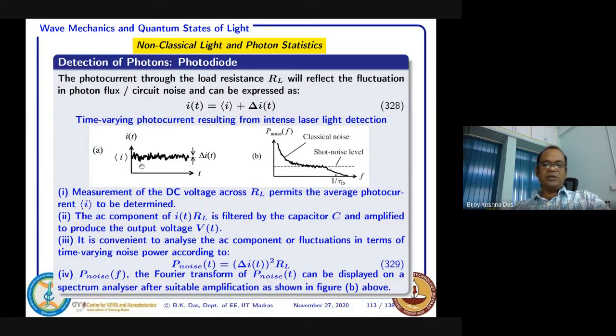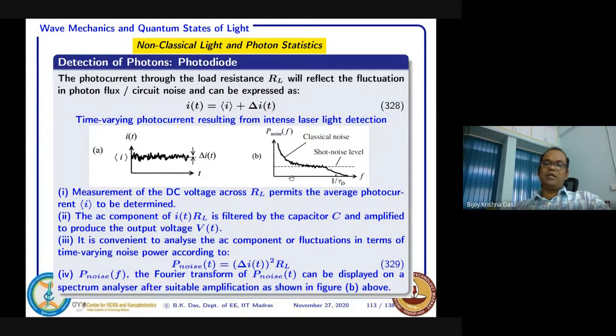Obviously, if you just take a simple average, the mean will be almost 0. That's why it is better to consider the square value, delta I square, because that is what matters for the power, delta I square of t. Whenever you take a square, plus and minus will not be there, it is always plus, so some power will be there, and then you do your Fourier transform.